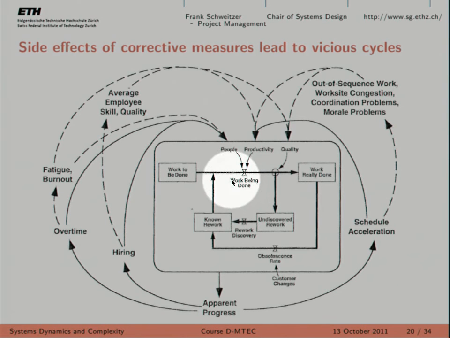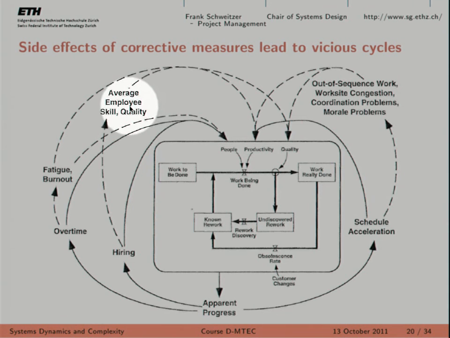But as I told you, each negative feedback loop is accompanied by a positive feedback loop, which destabilizes the whole system. For instance, you hire more people. Maybe in the vicinity of your company, the skilled workforce is not that prevalent. So you end up hiring less quality people.